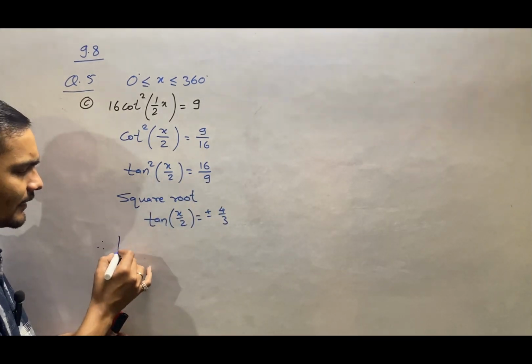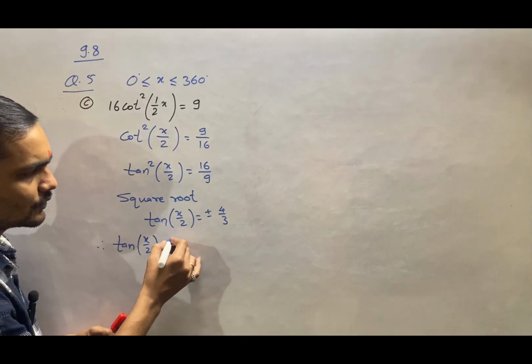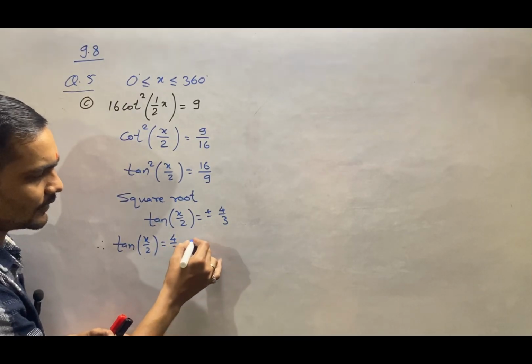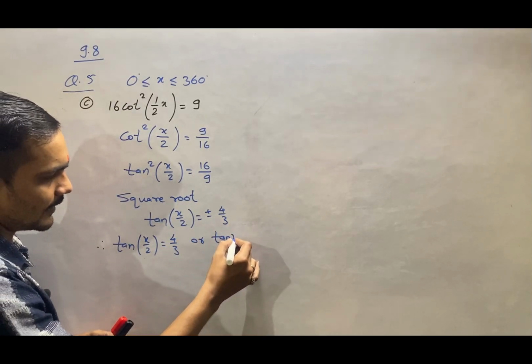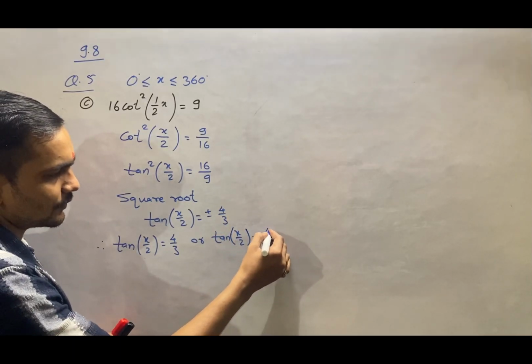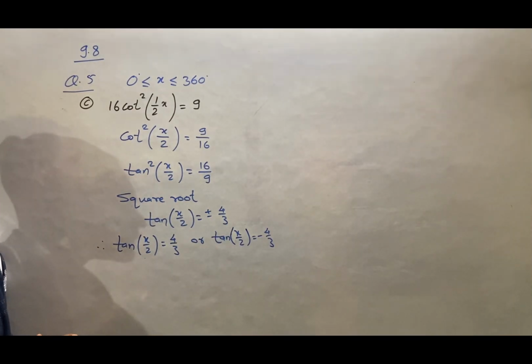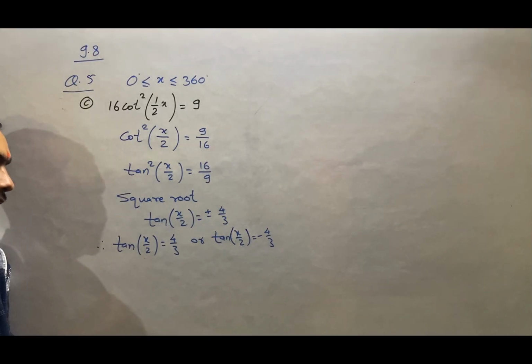So again we will write tan x over 2 is equal to plus 4 over 3, or tan x over 2 is equal to negative 4 over 3. So now here, first we will assume x over 2 as a different angle.